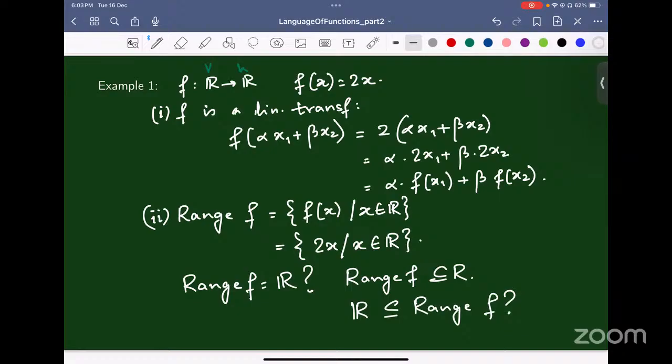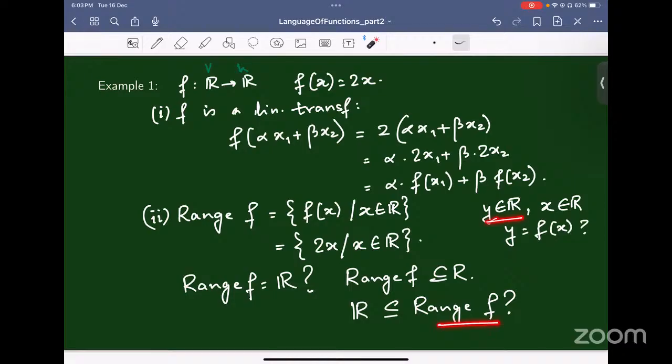How do I check that? Let me take any real number y. Can I find x in R such that y equals f of x? If that becomes true, I will have shown that y actually belongs to the range of f, and that will show this containment.